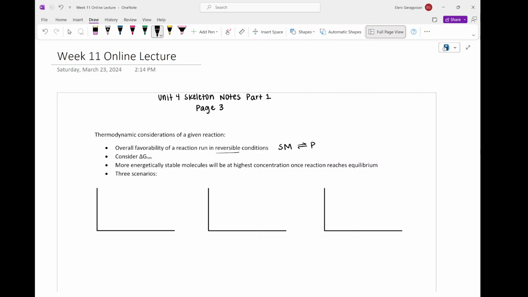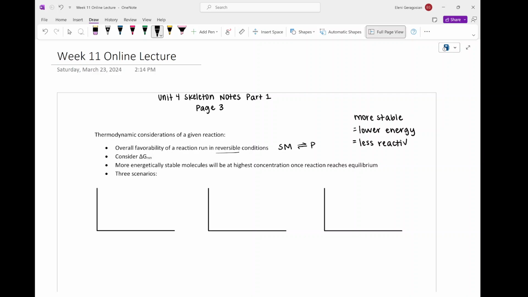So if the products are more stable, we mean lower energy, which also means less reactive.